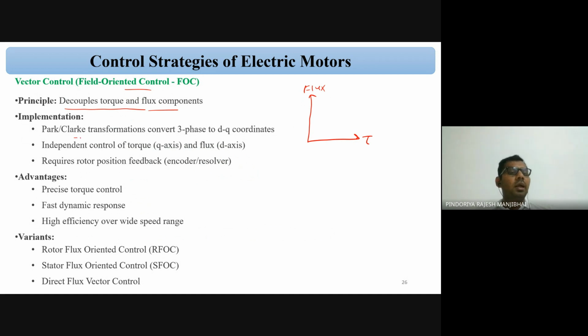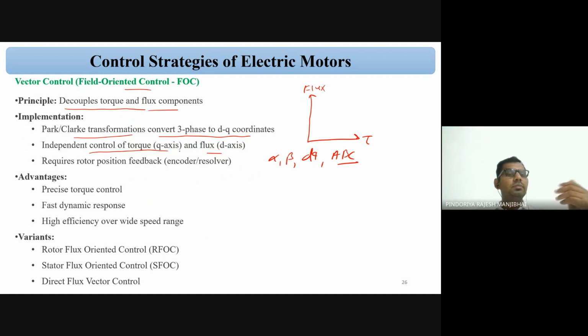Implementation uses the Park and Clark transformation. We have alpha beta, dq quantities and ABC quantities. The Park and Clark transformation converts three phase to dq coordinates, giving independent control of torque and flux: the q axis is torque control, and the d axis is flux control.